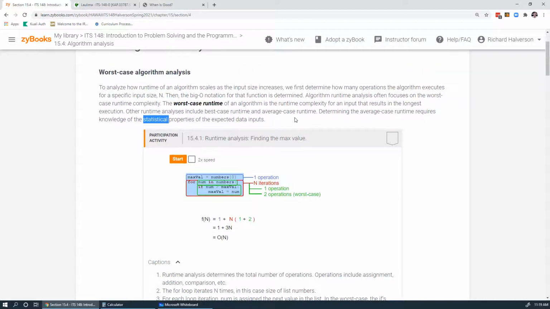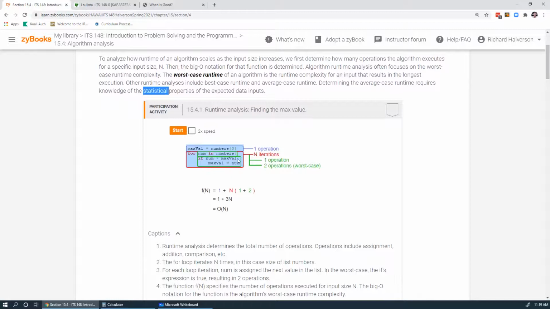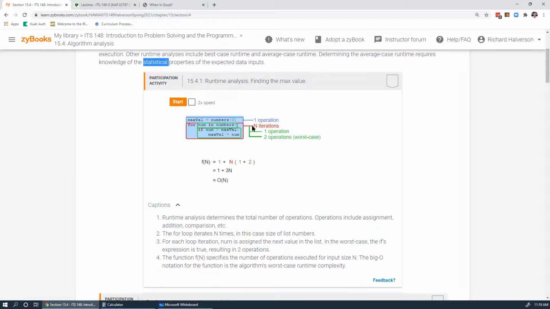For example, finding the maximum value. Worst case can take one operation plus n iterations.